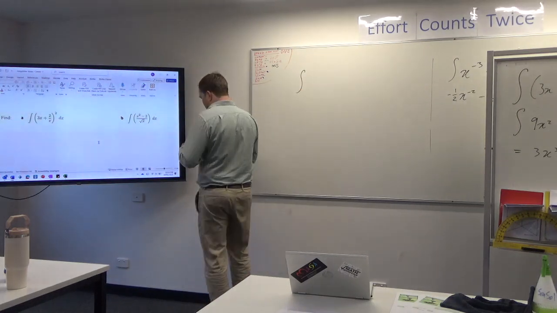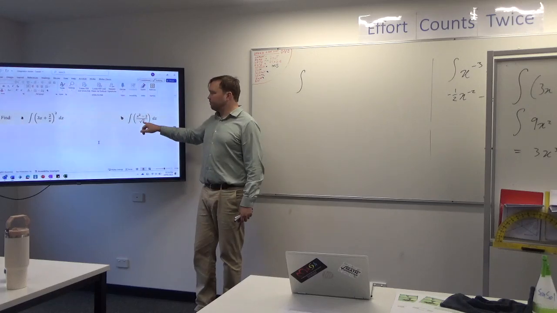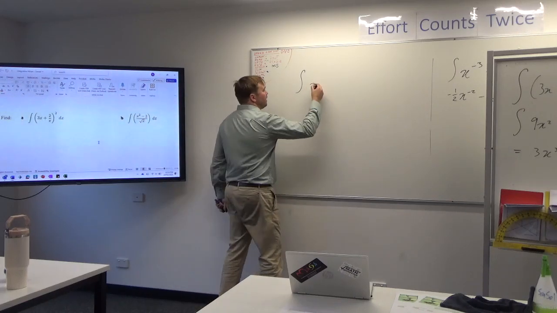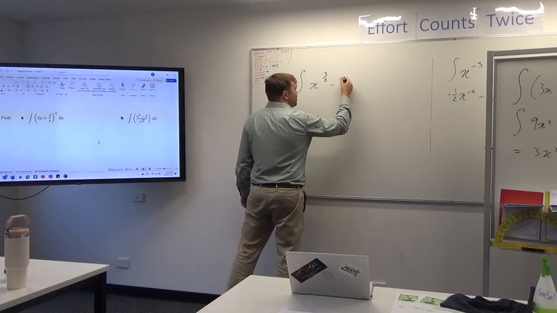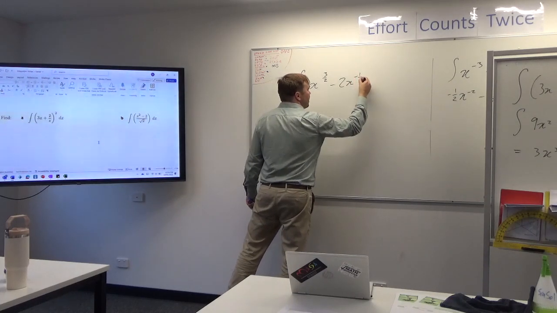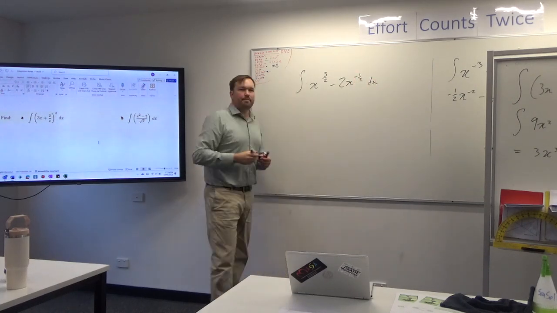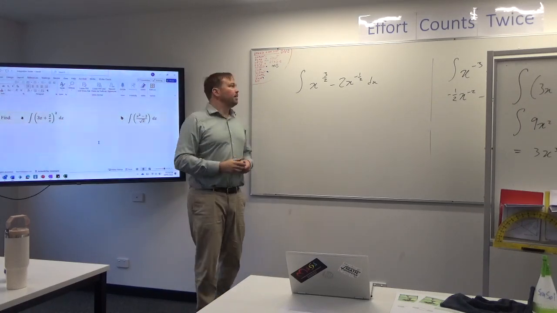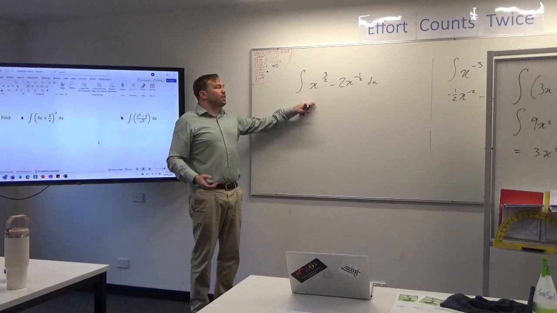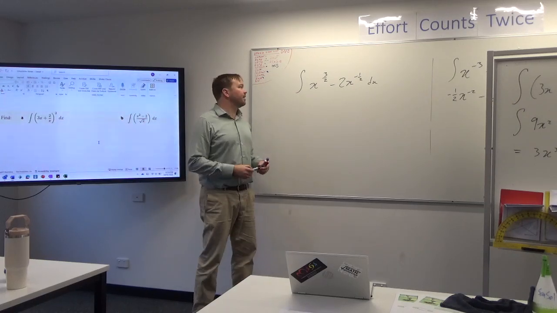So this will become 2 minus a half is x to the 3 on 2 minus 2x to the minus a half dx. So you're distributing the denominator into both of the tops. And now it's into sort of a chunk form. We can work on each chunk.